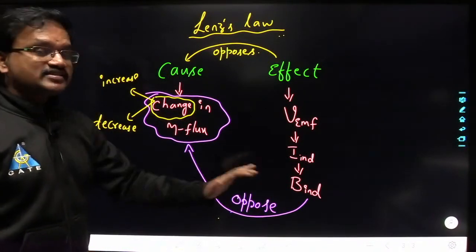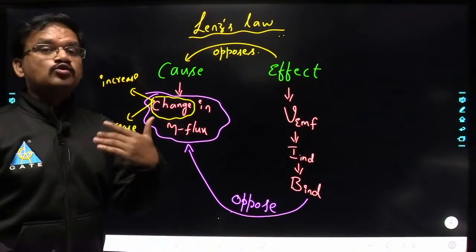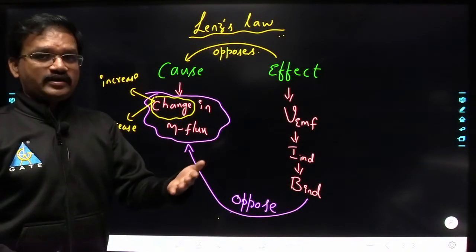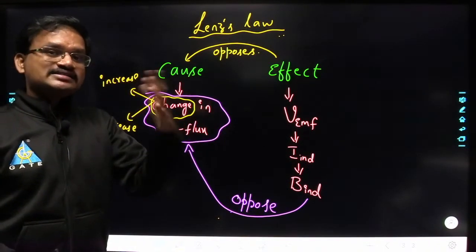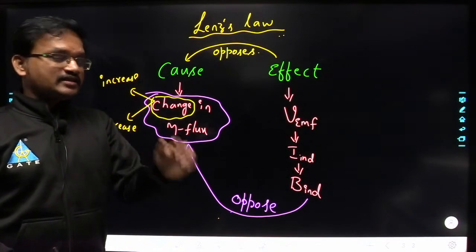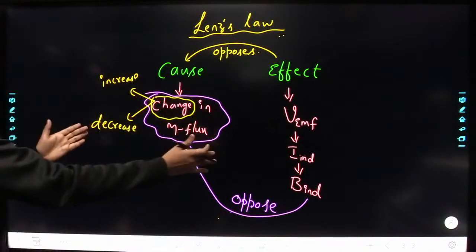So always it is going to oppose the change. If it is trying to increase, then it is going to oppose that increase. In the same manner, if it is trying to decrease, then it is going to oppose that decrease. Understood? So this is nothing but Lenz's law.